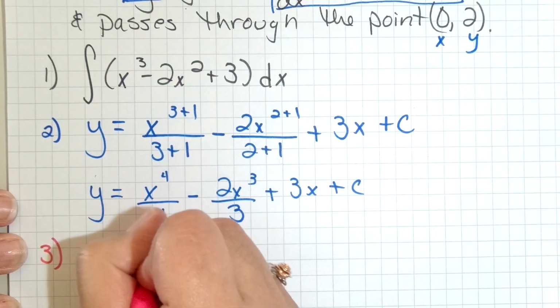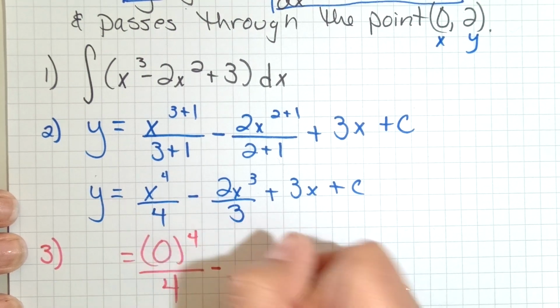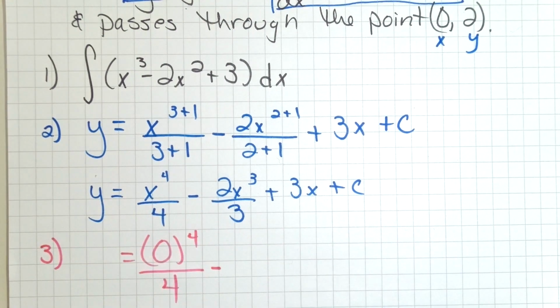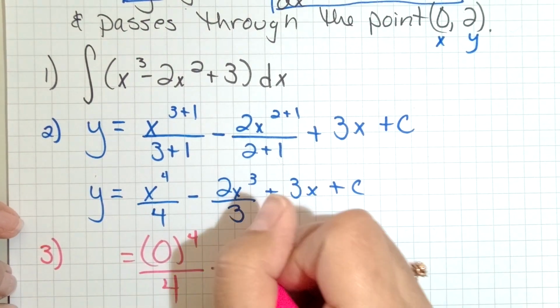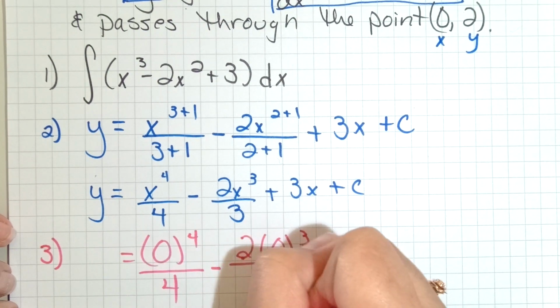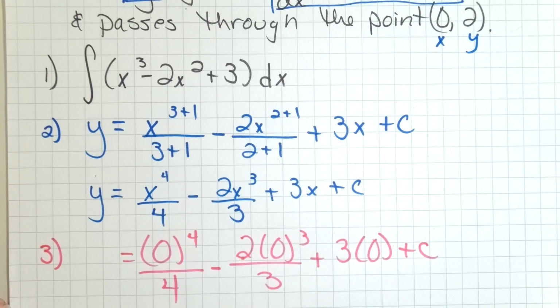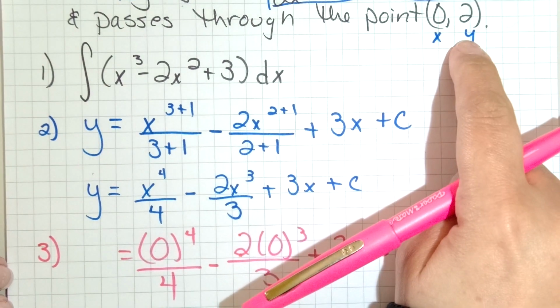Do you know how many numbers are between 0 and 1? Infinite. It's really close. 2 times 0 cubed over 3 plus 3 times 0 plus C. And then where does the 2 go?